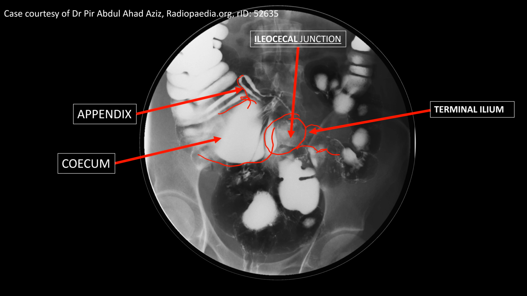In barium enema, we cannot see the whole small intestine, while in barium meal, we can see the small intestine. In barium enema, the large intestine is visible. That is also visible in some barium meal studies.